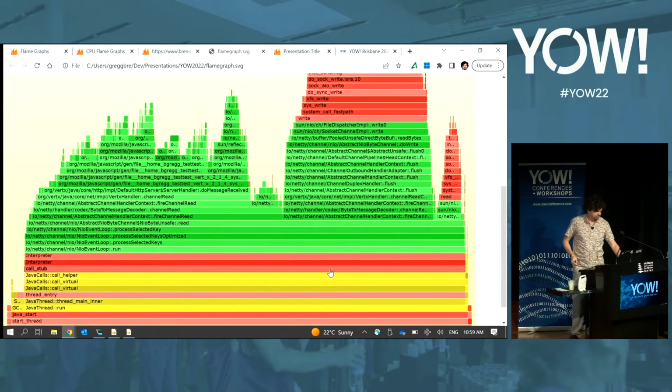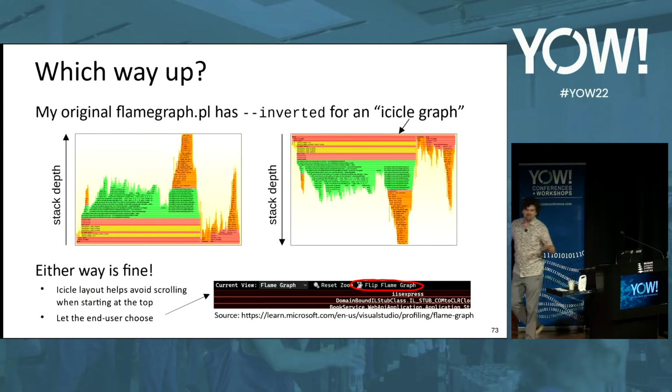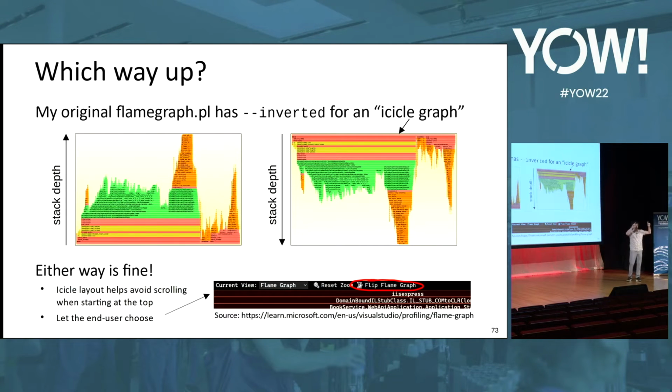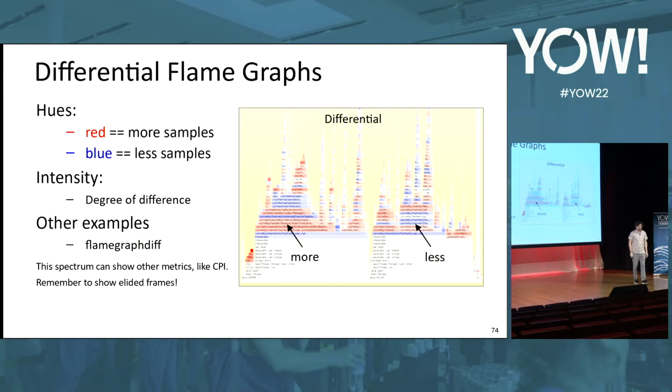And so it's a legitimate reason why you may want to have it upside down, so when you load it, the roots of the flame graph are visible. I noticed that Microsoft, in their Visual Studio, they've got a button, so you can just flip the flame graph. So you just let the end user choose which way they want it.